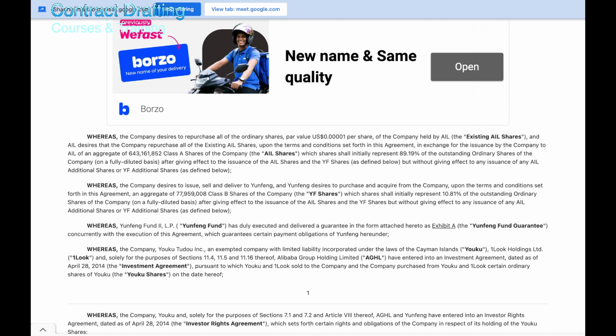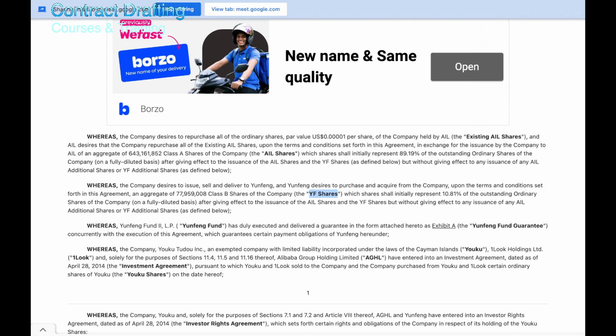AIL shares is defined here as class A shares of this number, and YF shares is defined here as class B shares of this number. So you see how they have used definitions within the recital section and cross-referenced these definitions within the recital. That's how a complex contract will look.